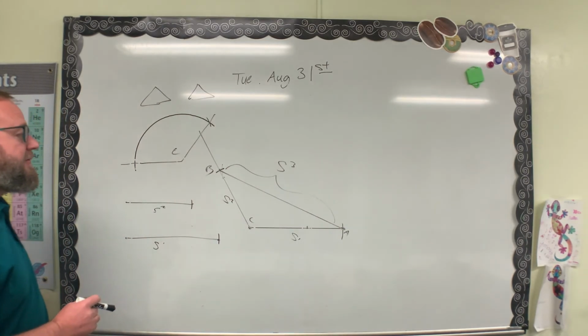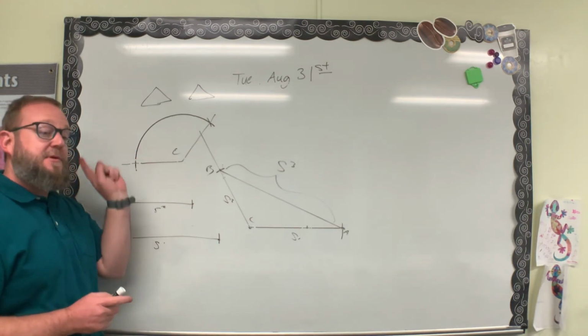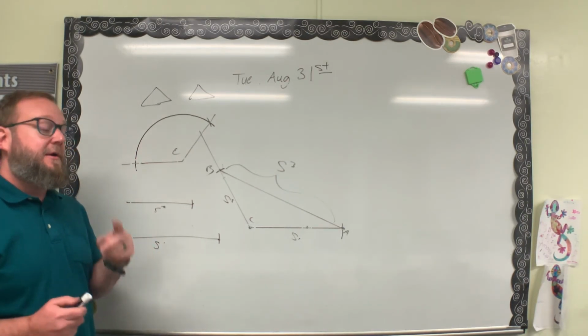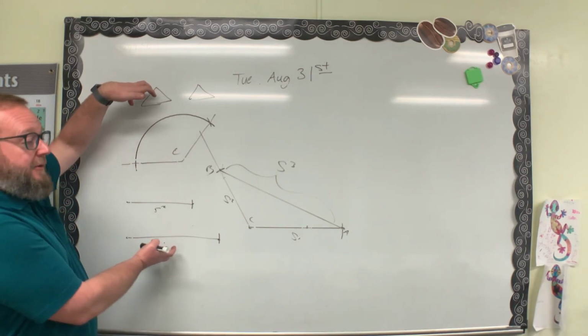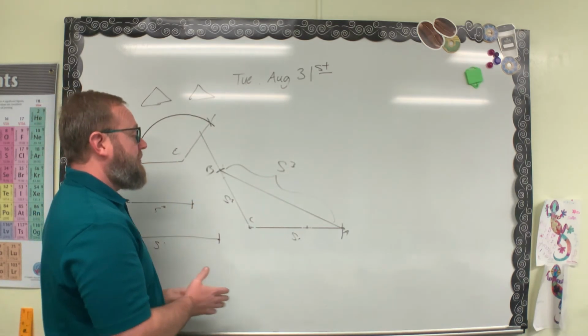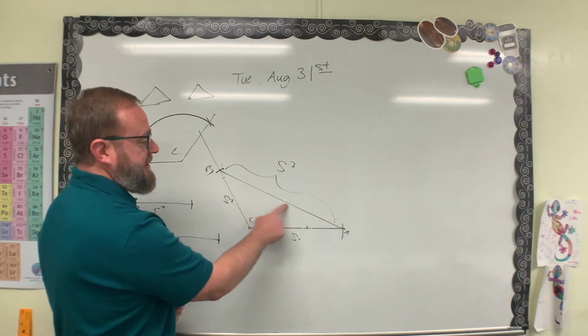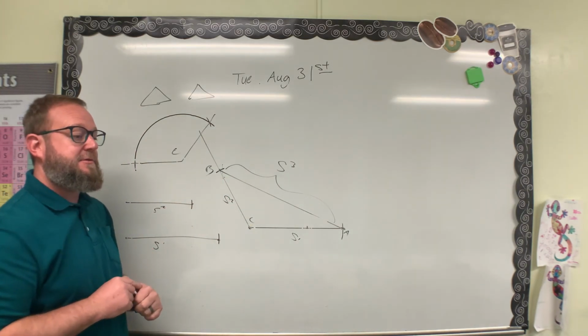Now I made a triangle that's congruent to these parts because I need these three parts to make a congruent triangle. We didn't see this part of the triangle because we didn't need it in order to make a congruent triangle.